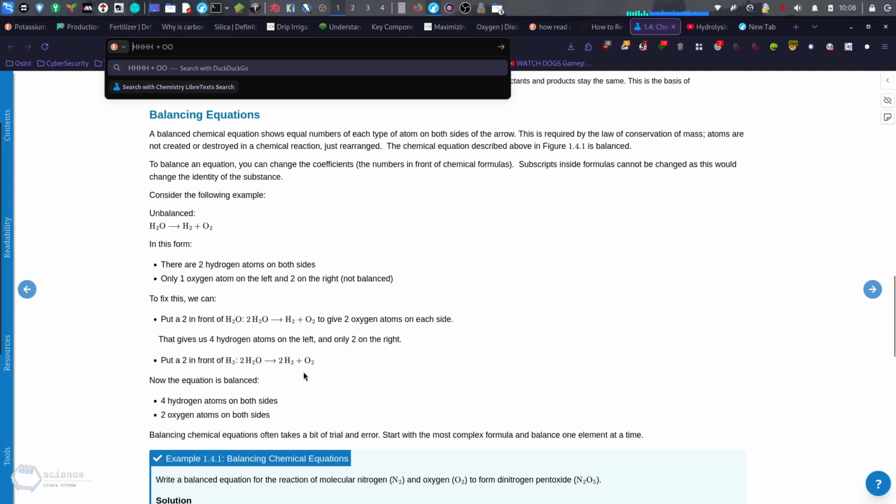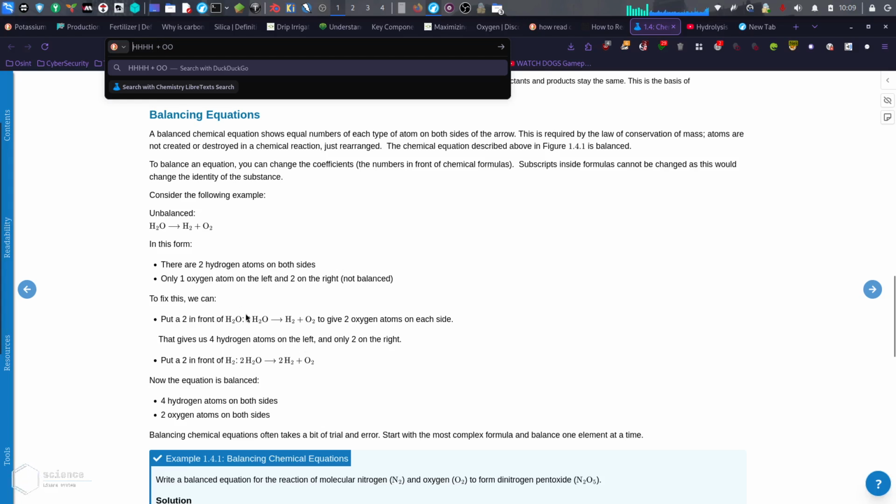Strange equation. I need to understand what goes from oxygen to hydrogen. But in this equation, we have 2 hydrogen and 1 oxygen. He says unbalanced. He says we try to balance this equation.